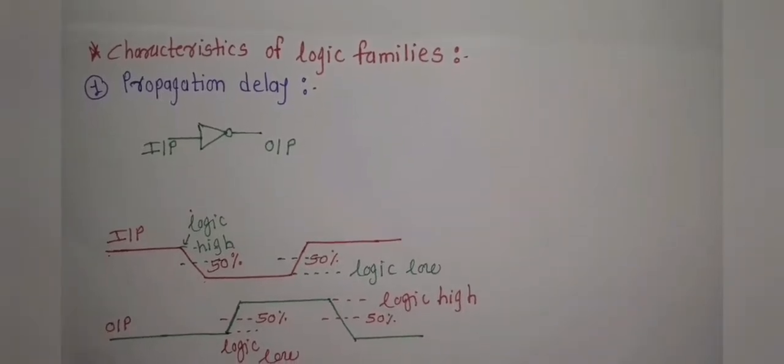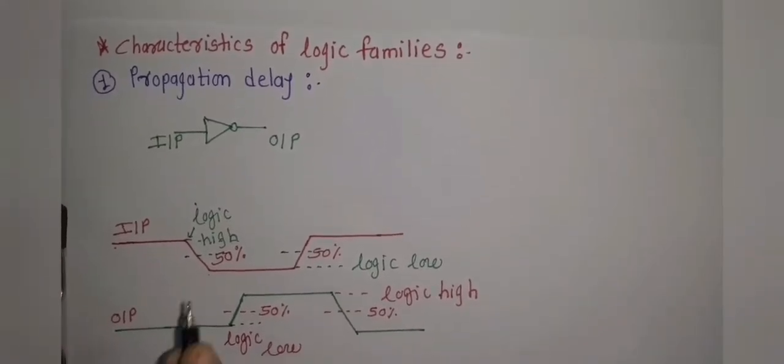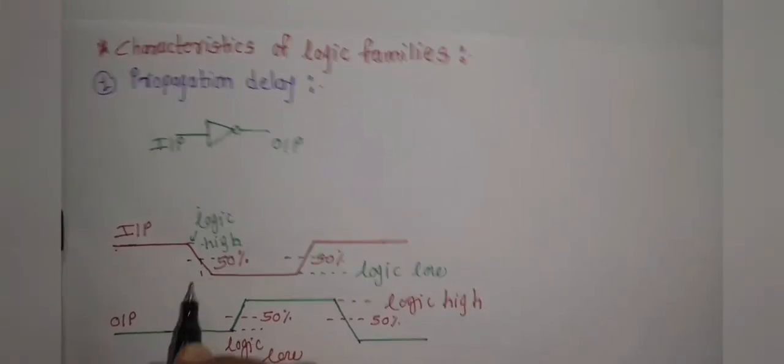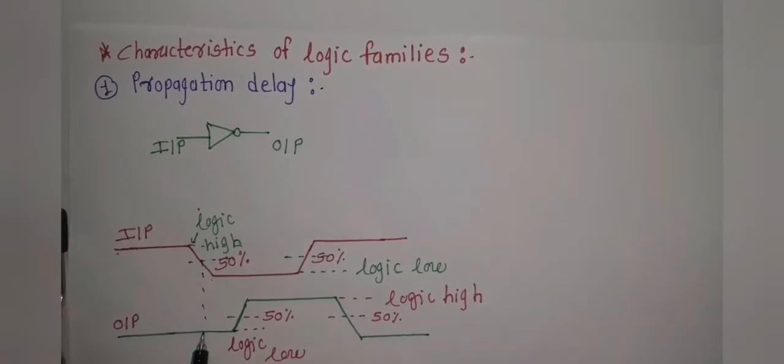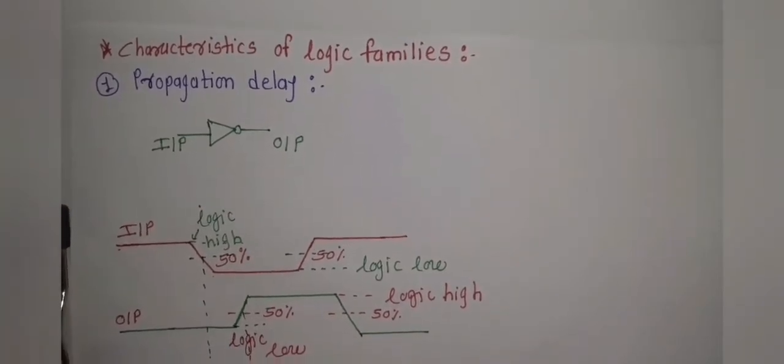And the difference between the 50% voltage level of input and output is this level, the difference between this input and output.